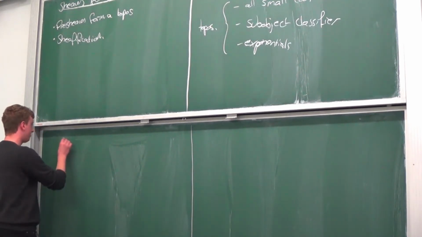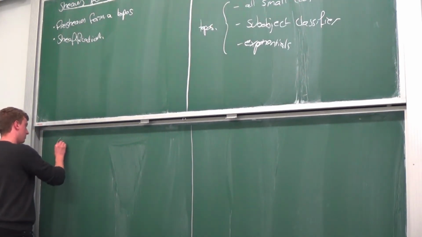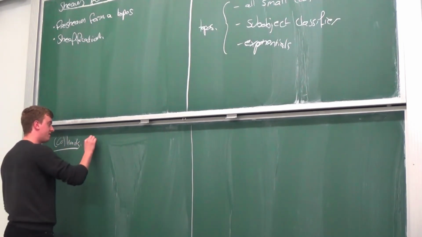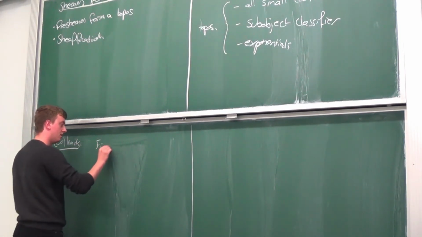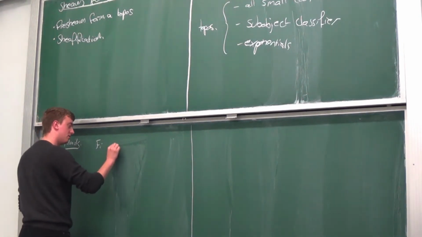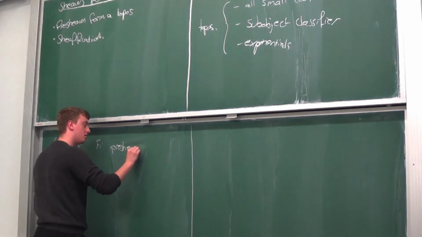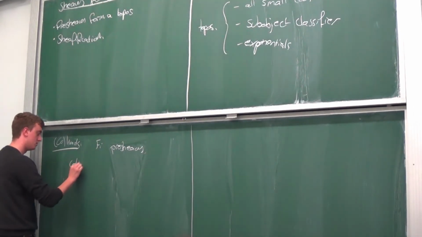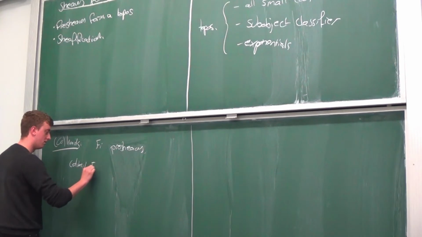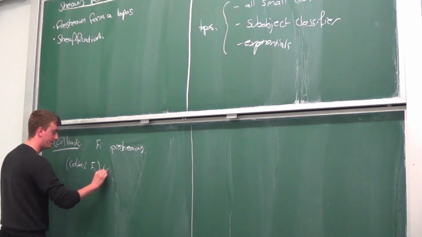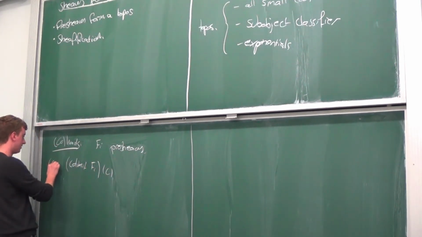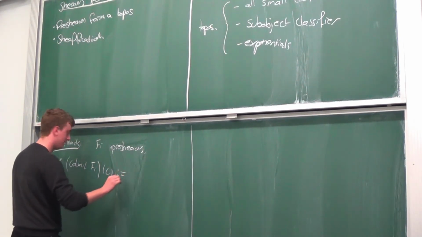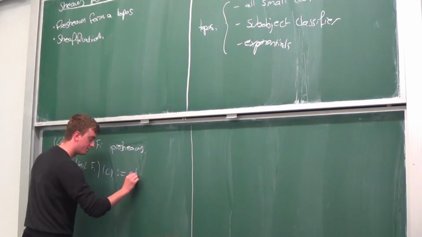Basically, if we've got a system F_i of presheaves, then we define the colimit of F_i at C, where C is in our category, to be the colimit in sets.